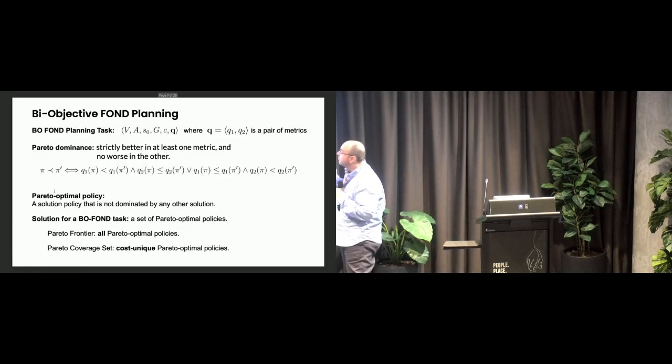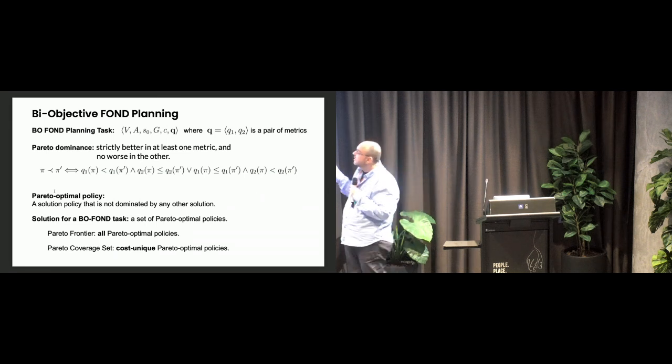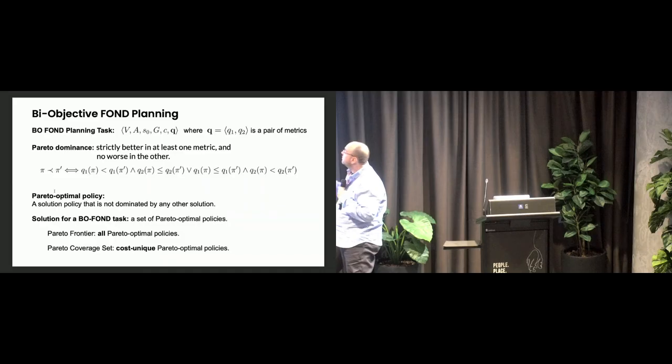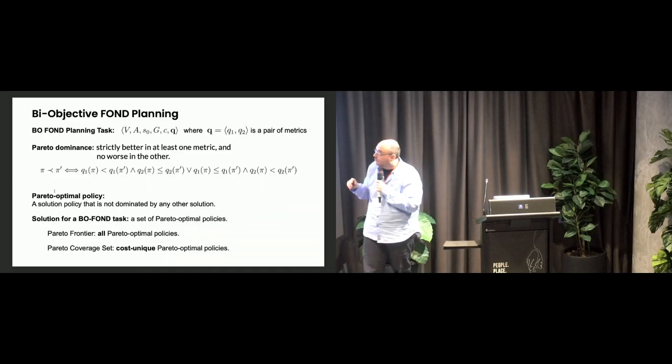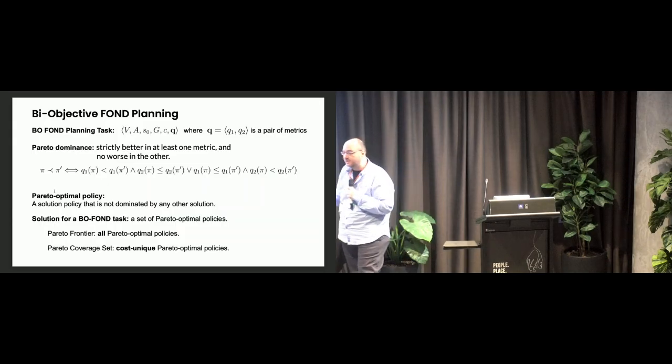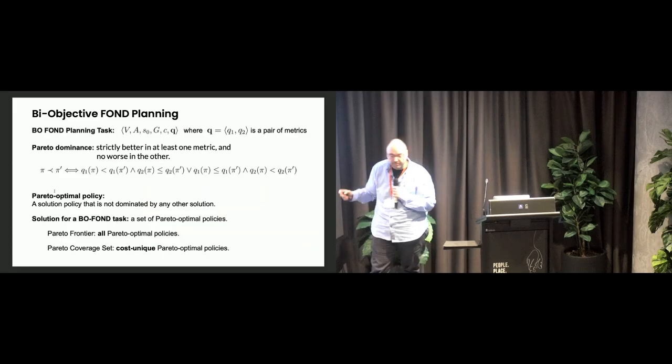So the first thing that we do is to formulate the bi-objective FOND planning task simply by adding a pair of metrics, Q1 and Q2, that we want to minimize. However, when you work with more than one metric, you will usually never find a single solution that minimizes both at the same time.